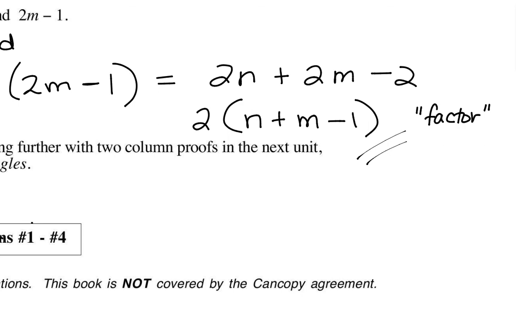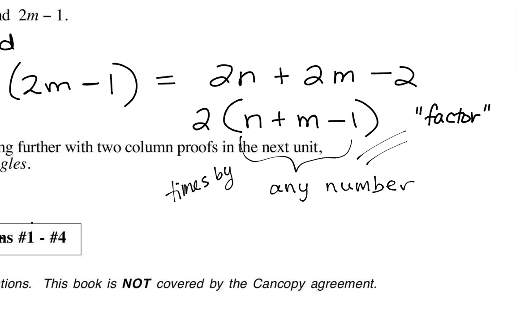Take any number and times it by 2. What do you get? What does that guarantee? Any number times by 2, it guarantees it's going to be even. So it's proof. No matter what values you pick, it's going to come out even.